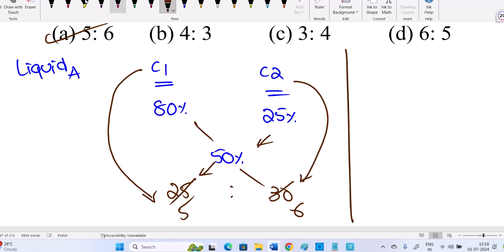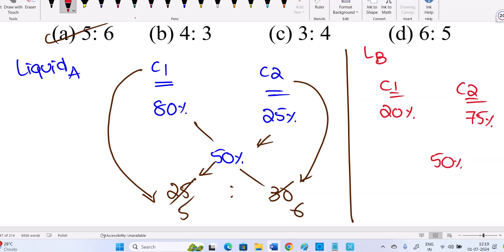No, sir, I can solve this question using liquid B. No problem. If we focus on liquid B, container 1 is 20%, container 2 is 75%, overall 50%. This difference is 25, this difference is 30, still the same ratio 5 and 6.